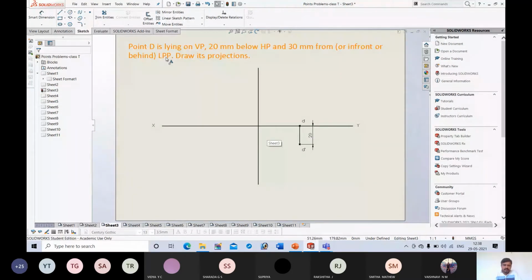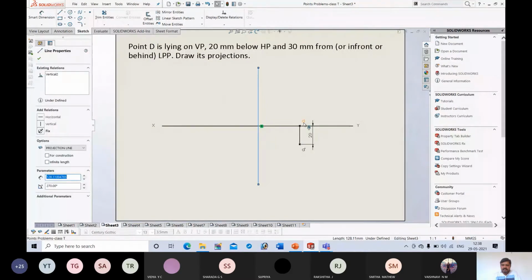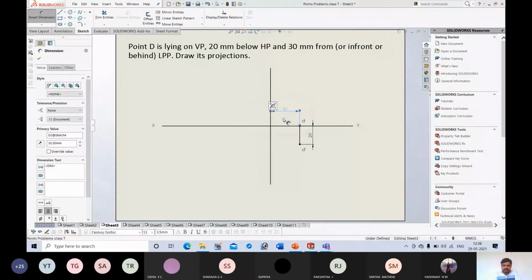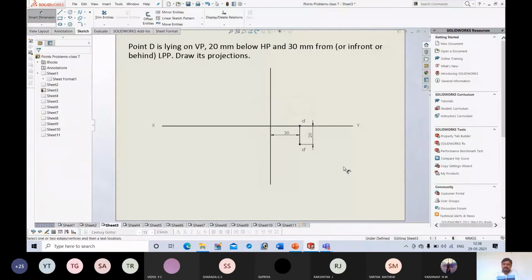They have given the distance 30 mm from LPP, so the distance between this line and front and top view should be 30. This should be 30. Next, we should follow the procedure. I can name it as x1 y1.